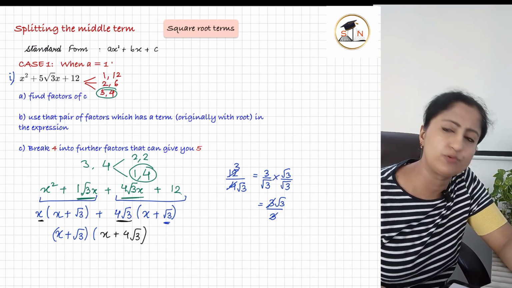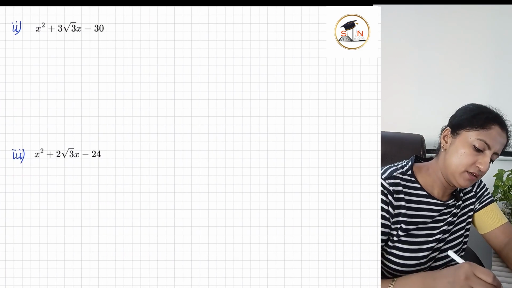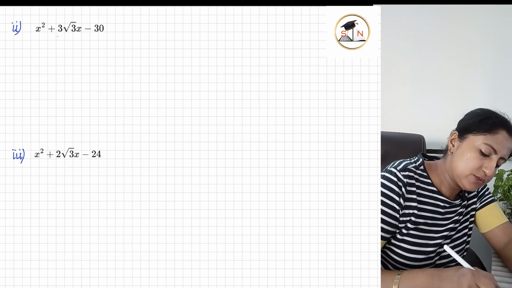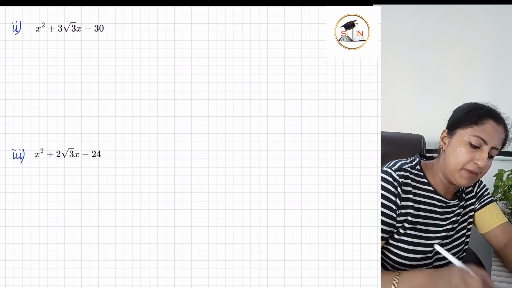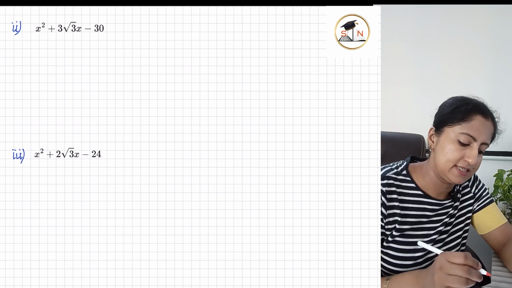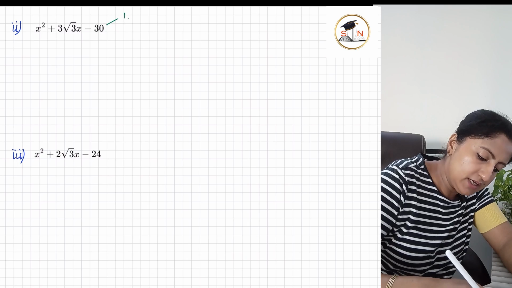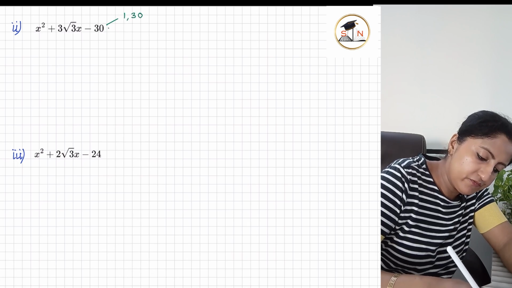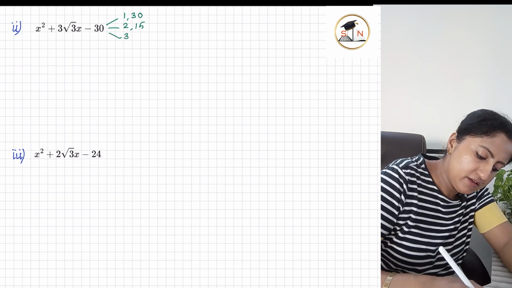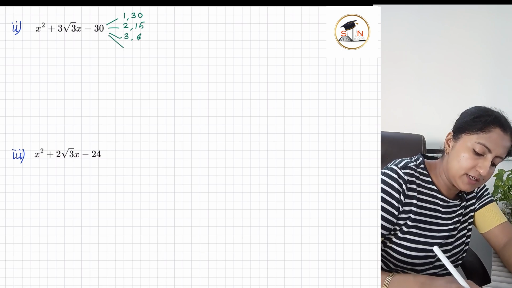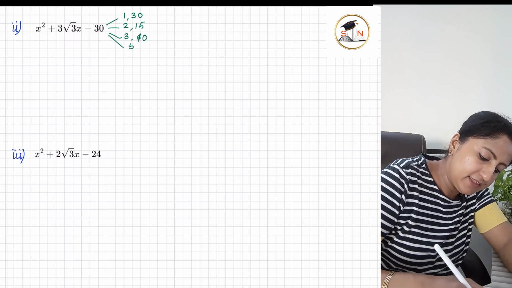Let's try to understand through another question over here. x square plus 3 root 3x minus 30. The first step says factorize the constant term. So I'm going to factorize 30. It is 1 and 30, 2 and 15, 3 and 10, and then we have 5 and 6.